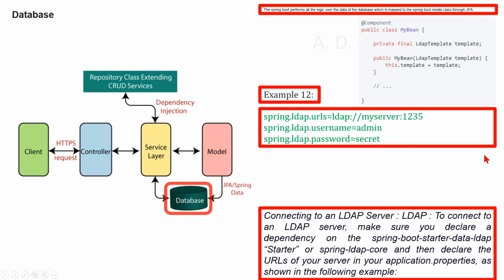Make sure to flag your customized context source as @Primary so that the auto-configured LDAP template uses it. Spring Data includes repository support for LDAP. Also, you can inject an auto-configured LDAP template instance as you would with any other Spring bean, as shown in the following example.